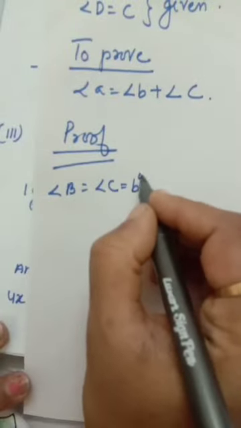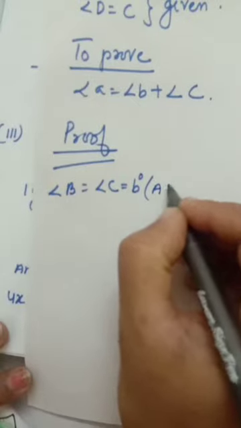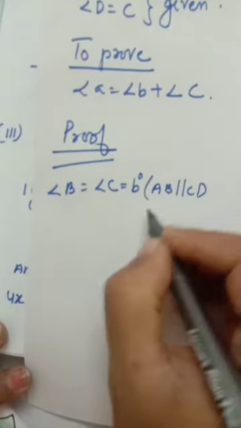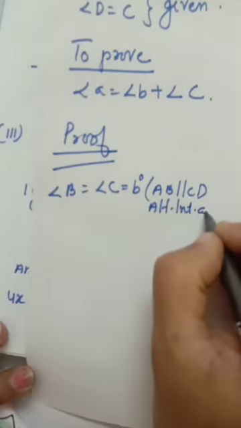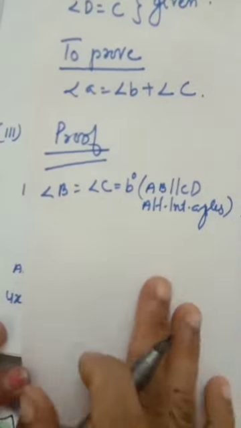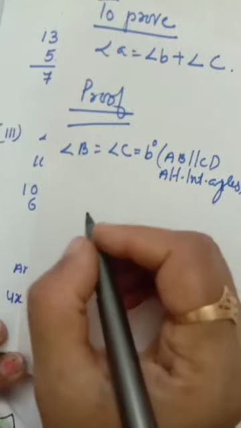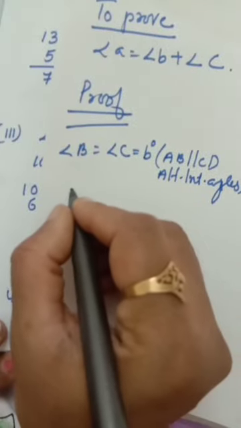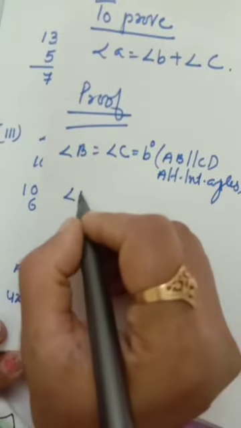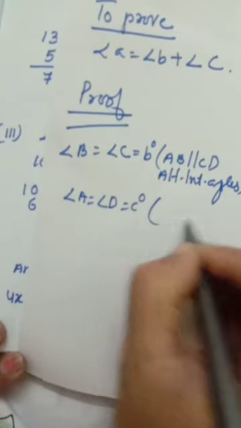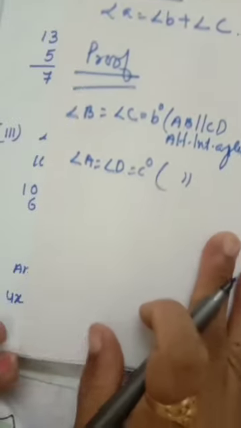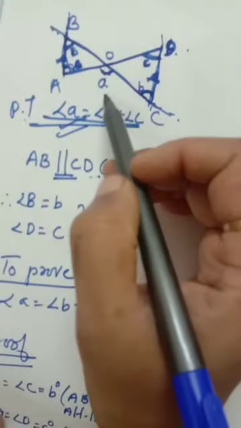B degree is B degree, since AB is parallel to CD, these are alternate interior angles. Like that you can say angle A equal to angle D equal to C degree. That is also the same reason.